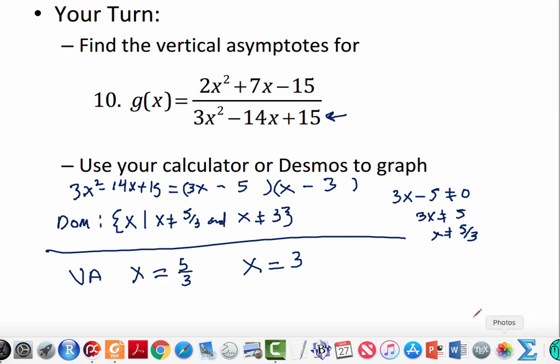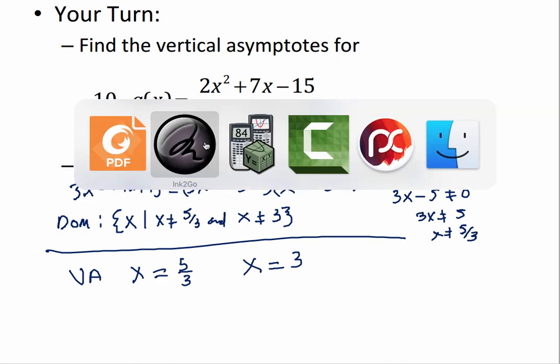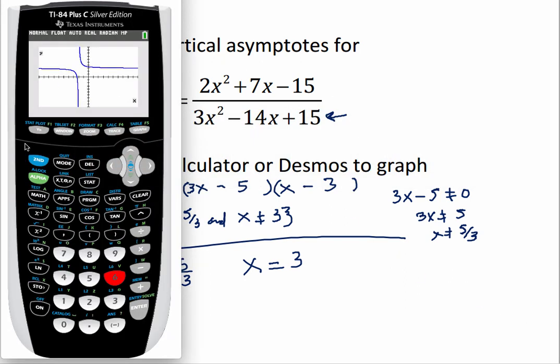Okay, so let's do a quick look at the graph of that. So let's go back to our calculator, clear out the y equals. Let's put that function in there. So we get 2x squared plus 7x minus 15 in the numerator. Oh, my bad, I forgot to open my parentheses. That would have blown things up badly. Got to get an open parentheses in there first.